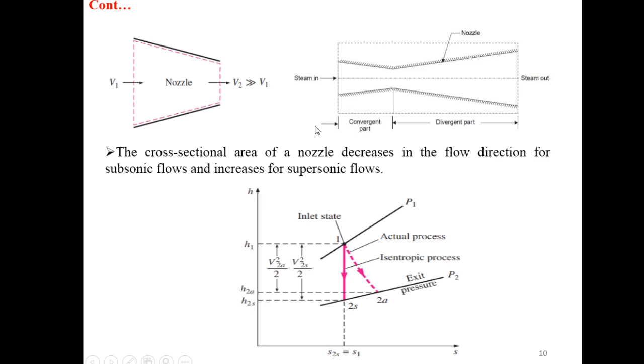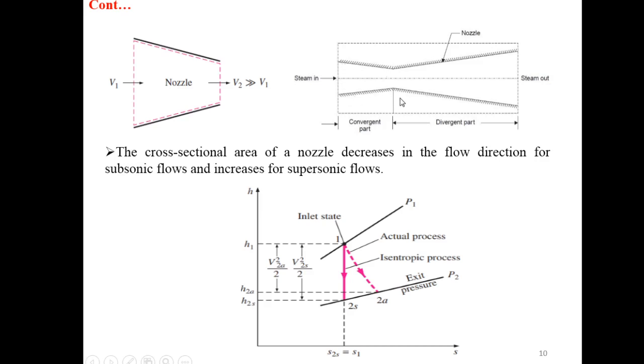You can see this is the diagram of a nozzle. This is the converging nozzle. We can have a combination of both converging and divergent also. This is the converging part, this is the divergent part, and this minimum area is known as the throat, steam in and steam out. The cross-sectional area of a nozzle decreases in the flow direction for subsonic flow and increases for supersonic flow. So if we want to increase the velocity and our flow is subsonic, then we have to use the convergent nozzle.